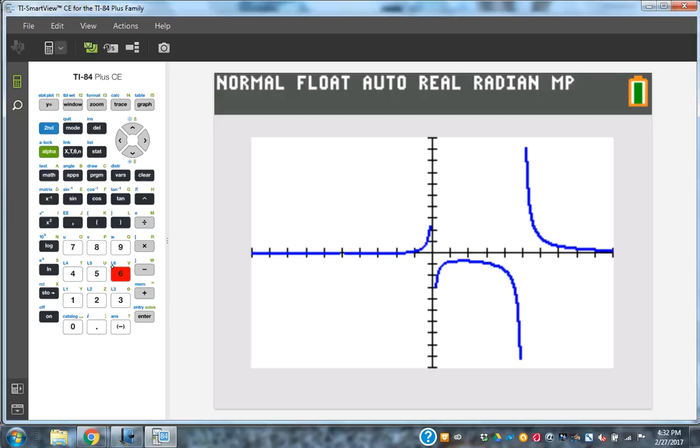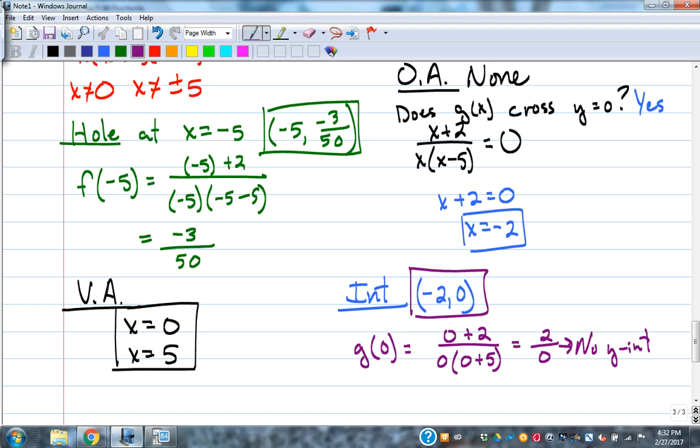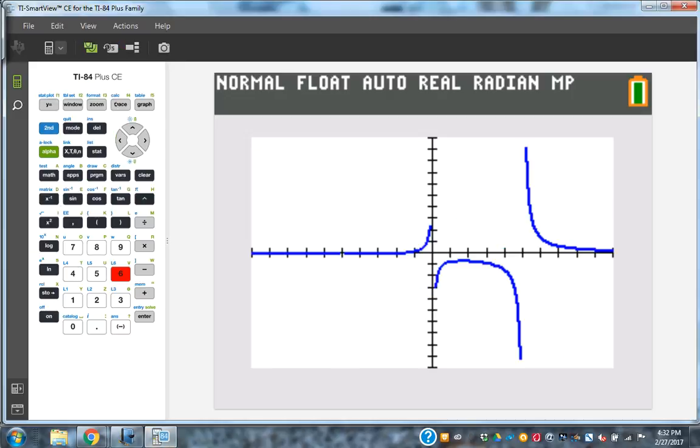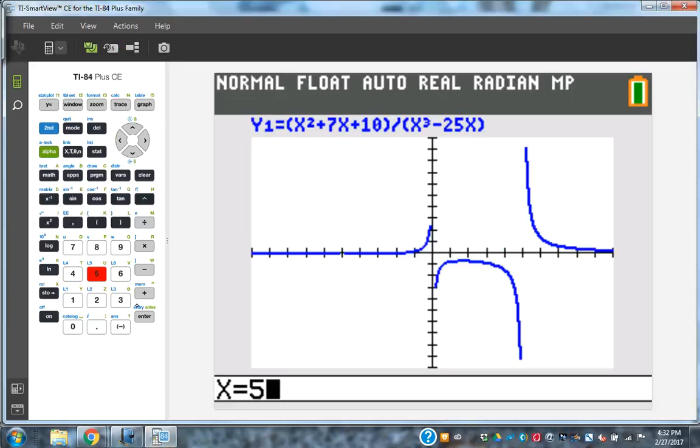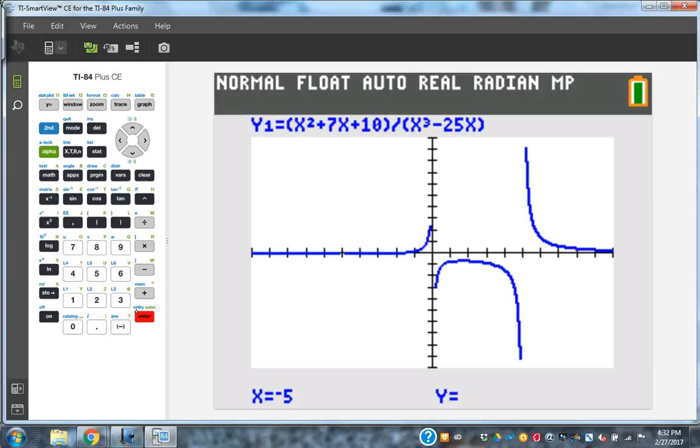And if we checked that x value for that hole that occurred, remember that hole was at negative 5. If I hit trace and then do negative 5, not positive 5, but negative 5, notice it doesn't give me a y value because that's a hole in the graph. It doesn't exist. We know where that hole occurs.